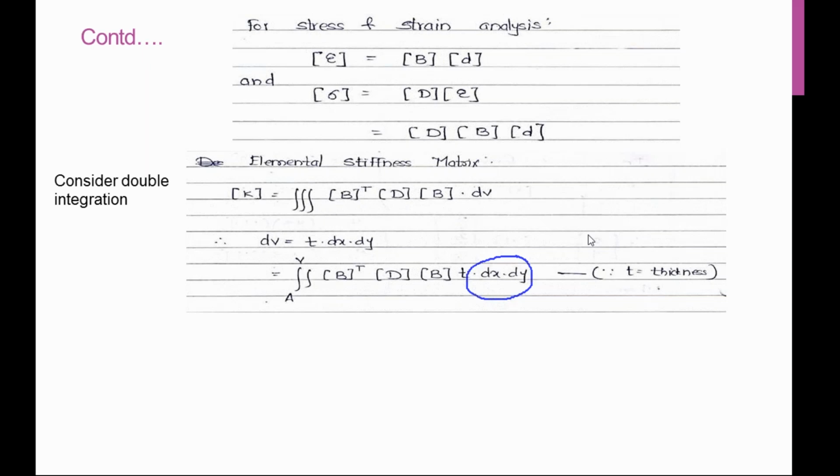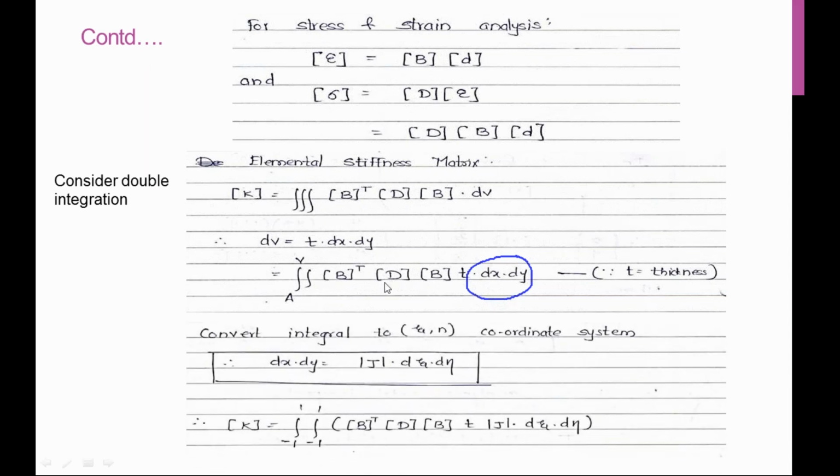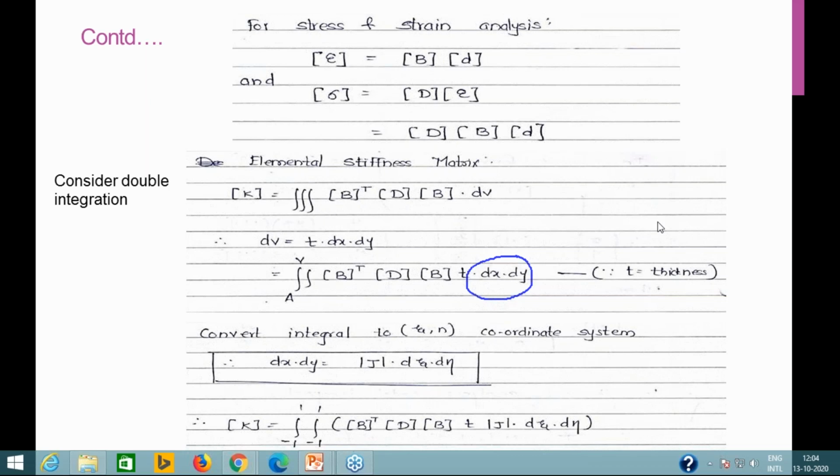I got the answer from Nikhil and Aishwarya that it is a local coordinate. Then I want to convert this equation from the local coordinate system to the natural coordinate system. Jacobian matrix.